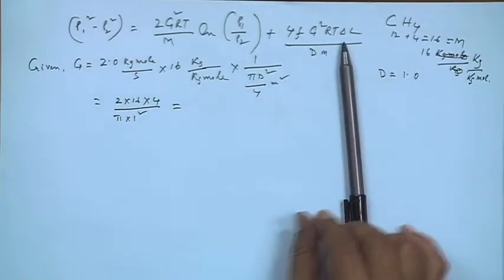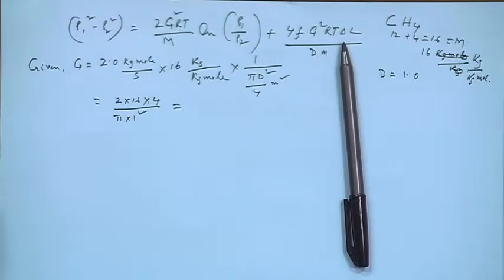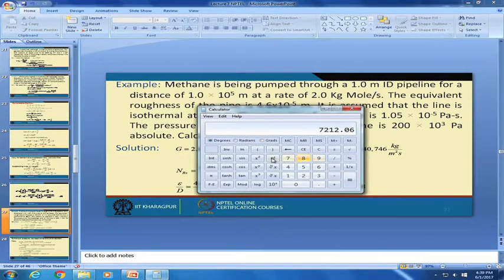If we put it into the calculator, 2 into 16 into 4 divided by 3.14 into 1, that means it is 40.76, so much kg per meter squared per second, that is the mass velocity or mass flux.